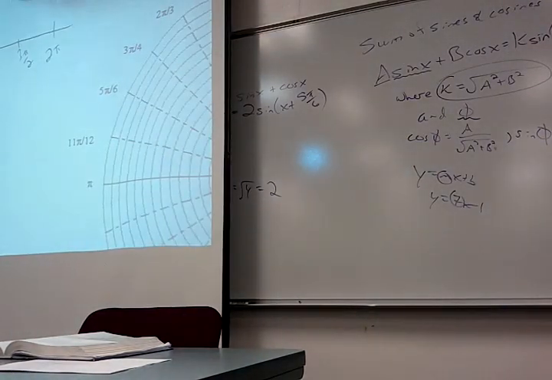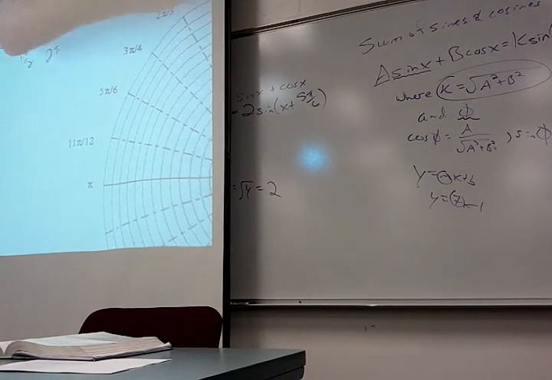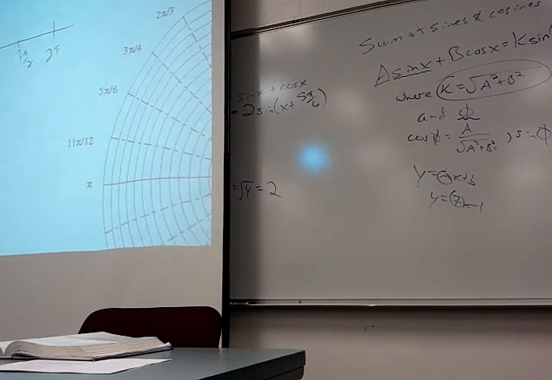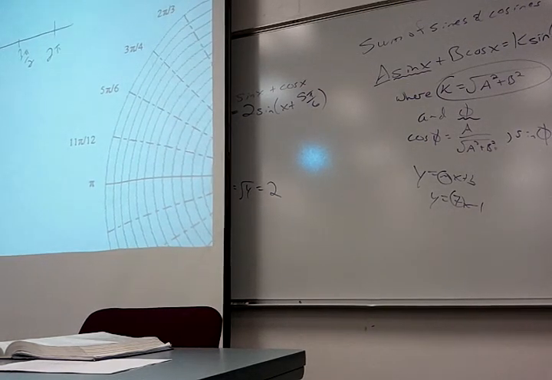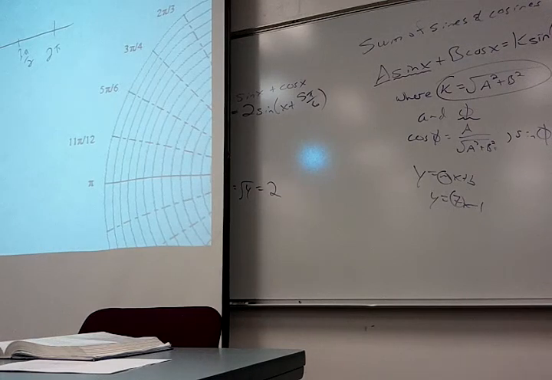And when is it going to hit 0? Pi over 2. At pi over 4, what is it? What's cosine of pi over 4? Root 2 over 2. So in this case, it's going to be 3 root 2 over 2.